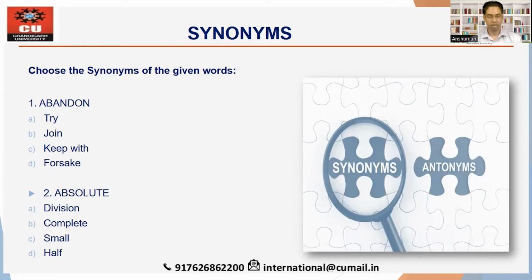So the synonym of abandon is leave. Now let us try to remove some options and find the correct answer. The first option is try, but try cannot be the answer. Second option is join. Join has nothing to do with leave because join is, I think, the antonym of leave.